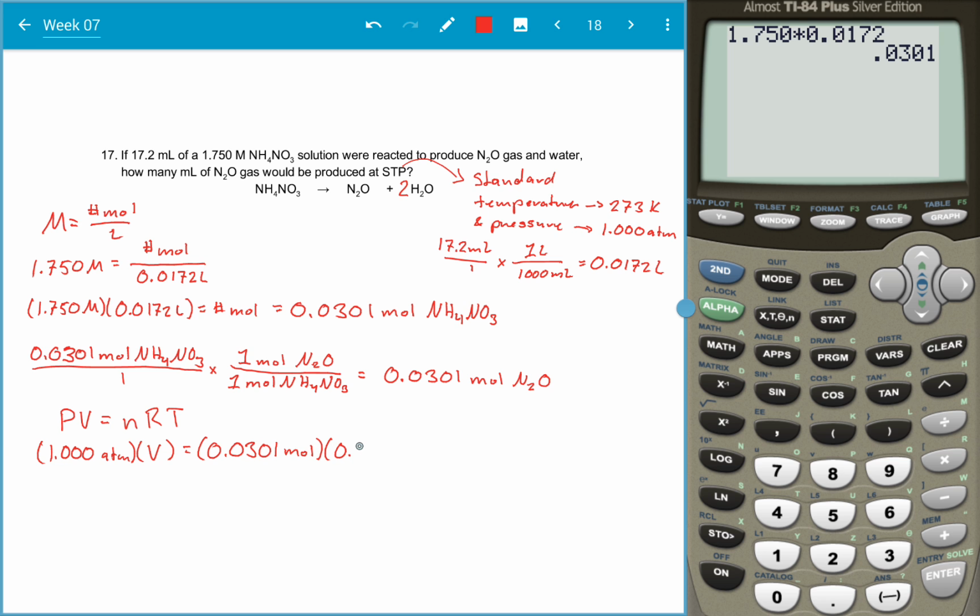The gas constant has a value of 0.0821 liters atmospheres per mole Kelvin, and our temperature is the standard of 273 Kelvin. Solving for V means dividing all of the right-hand side by 1, which actually doesn't change it.